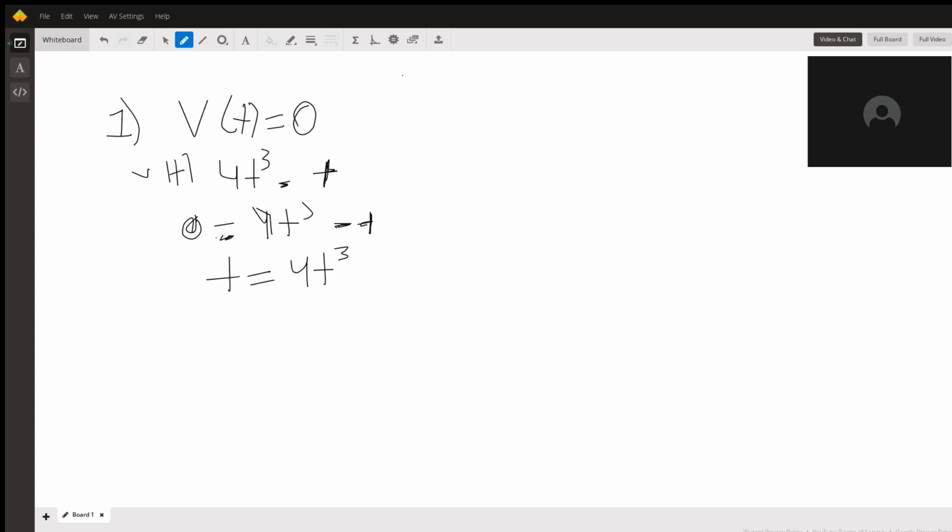But I think what we'd want to do instead is factor out the t. Once we factor out the t, which I'm sure you've done before, it's t times (4t squared minus 1).